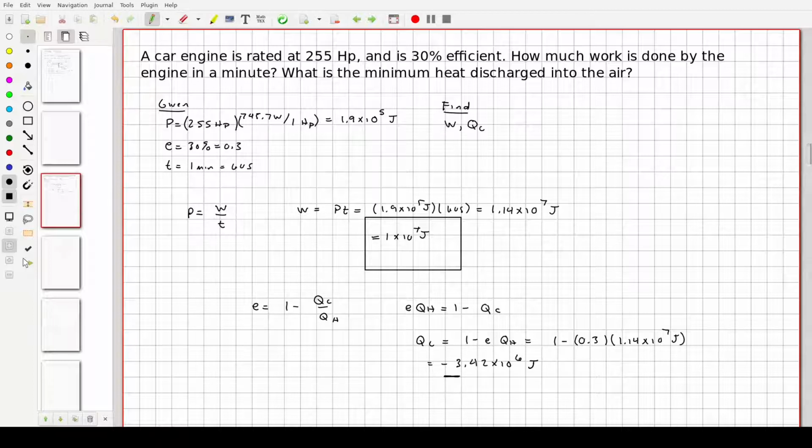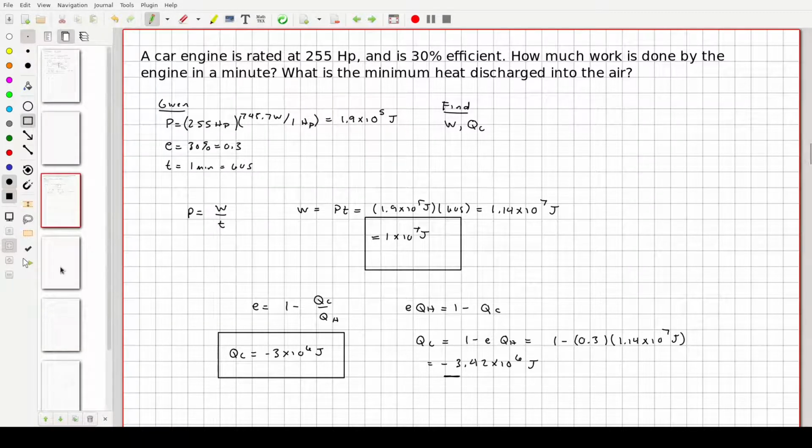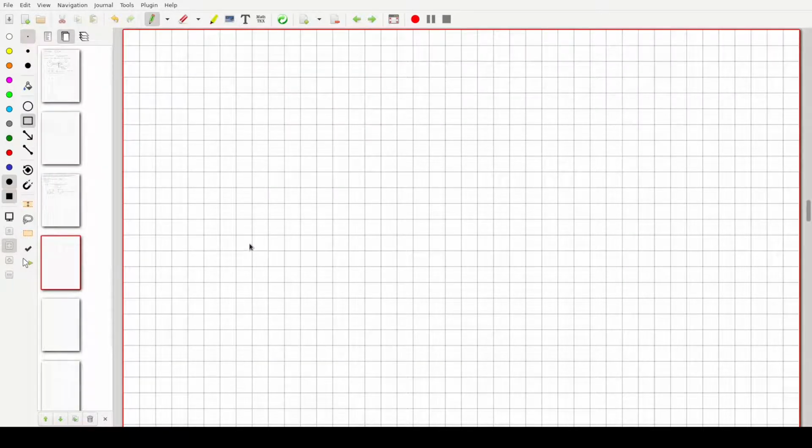So this right here is your loss. It's negative. So, the discharge, the loss into the air ends up being something like, you know, minus 3 times 10 to the 6 joules. All right.